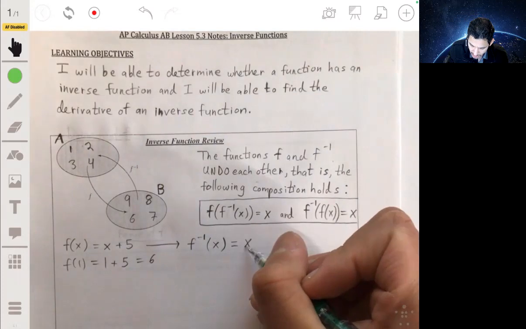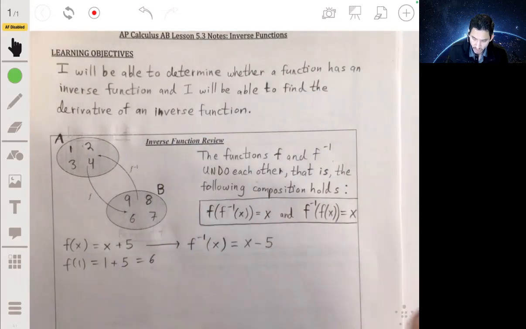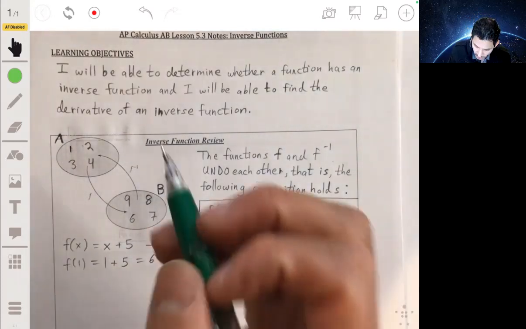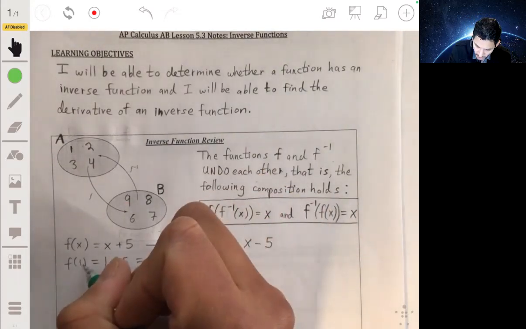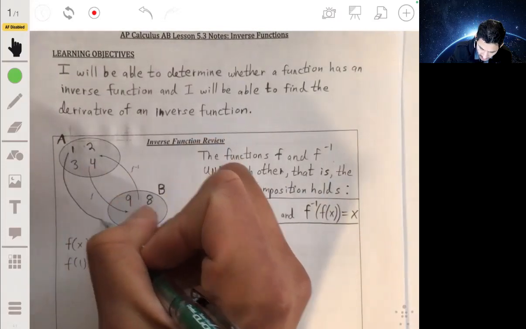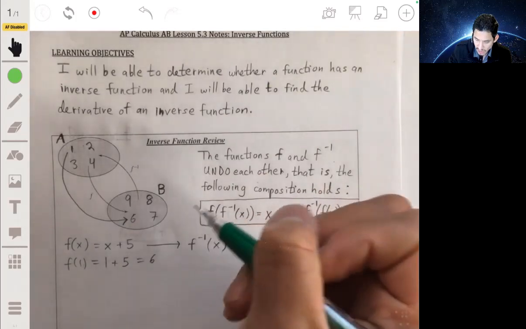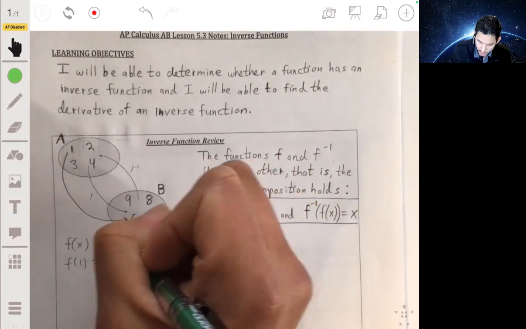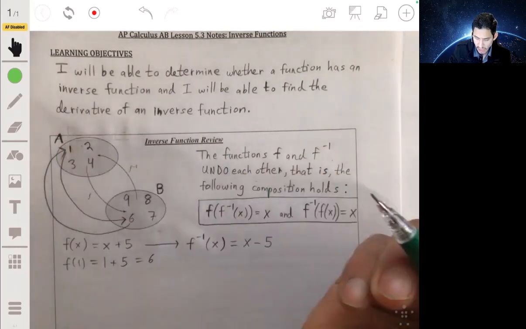So we subtract 5 from x. Because if you add 5 to anything and then subtract 5 from that thing, you're going to end up where you started. It's like nothing happened. So for example, if I started with f of 1, if I went from 1 and I got 6, that means if I take f inverse of 6, I should end up going back to 1.